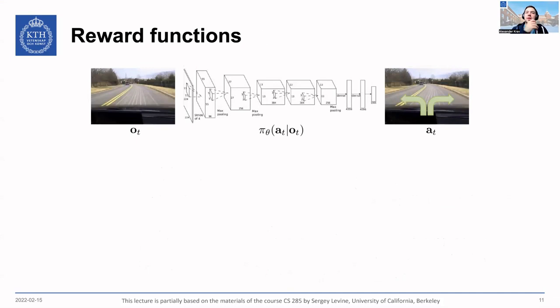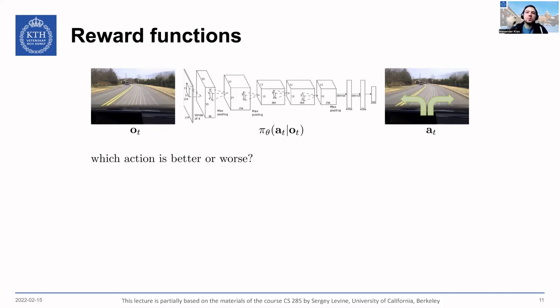So let's consider maybe a little bit different, more realistic example, when you get an image from the onboard camera of an autonomously driven car. So you get the observation, you have some policy that tells you based on the observation which action to take, where to steer, for example. So how do we decide which action is better or worse?